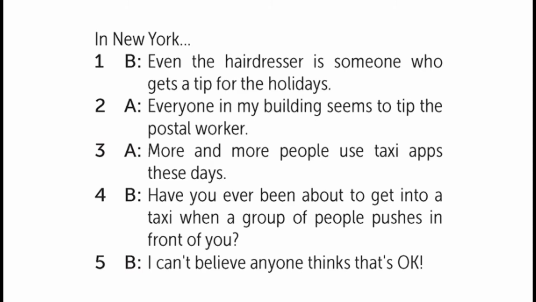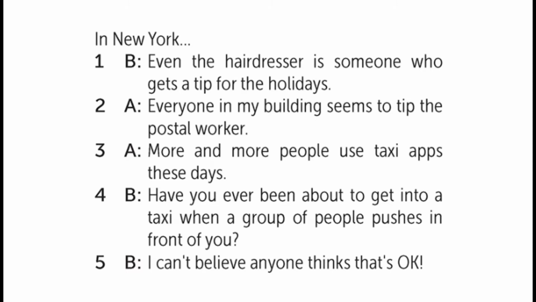Here we have, listen. In New York, even the hairdresser is someone who gets a tip for the holidays. In number 1, the word someone is followed by the verb in the singular, someone who gets a tip.